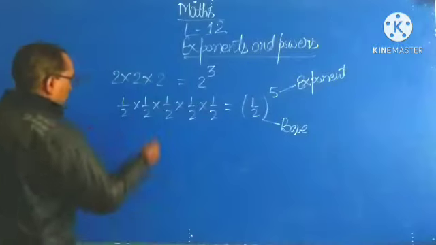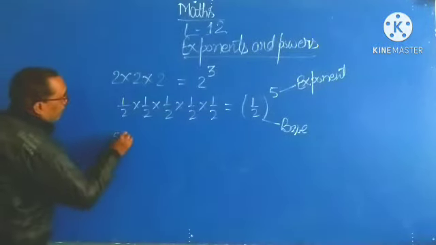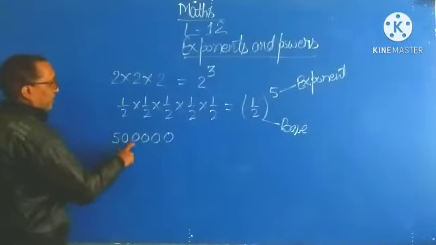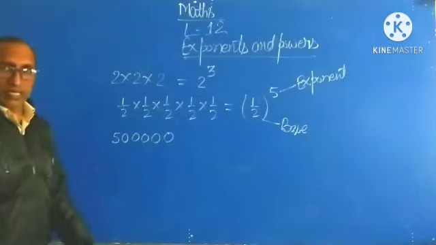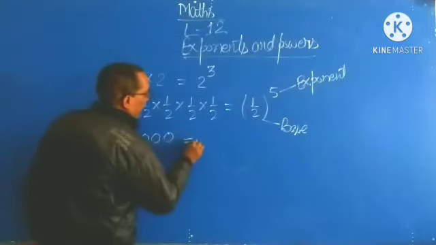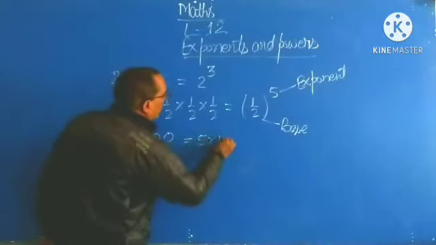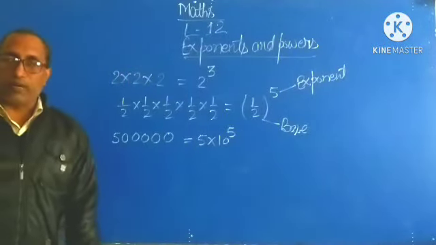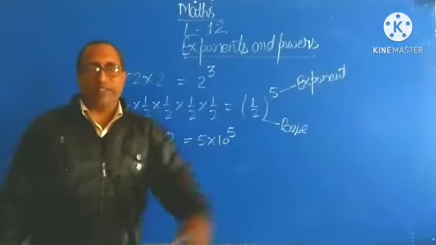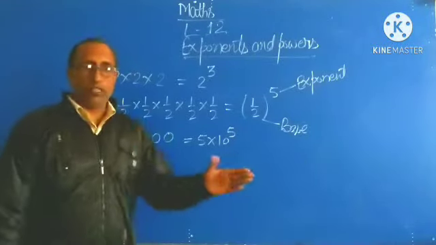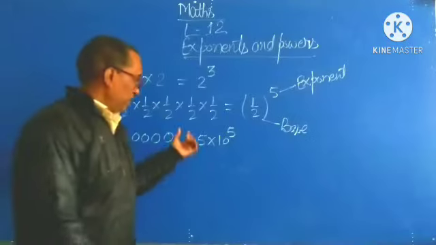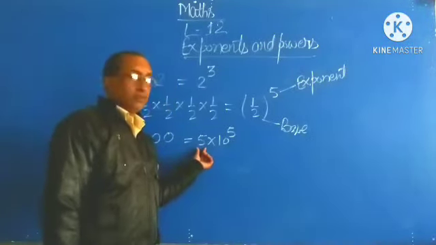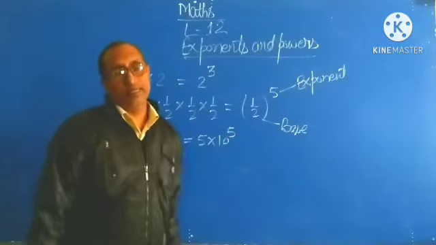Like you want to write 5 lakhs, that is 500,000. In scientific notation, you write 5 into 10 to power 5. This is scientific notation, written as the product of a number between 1 and 10 and an integral power of 10.